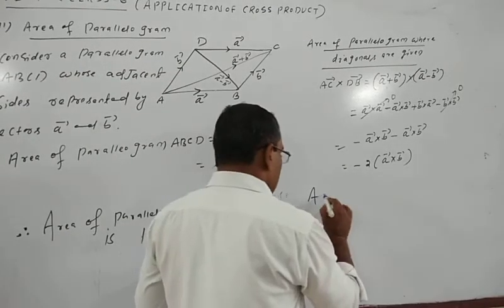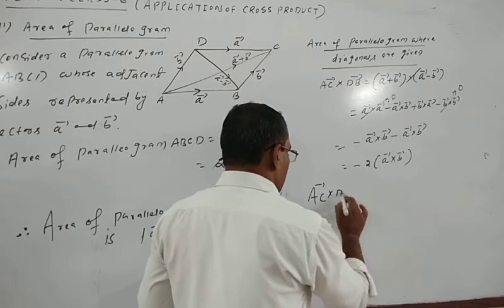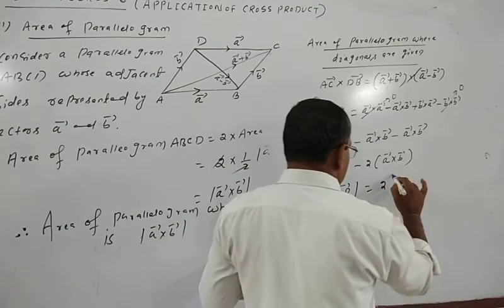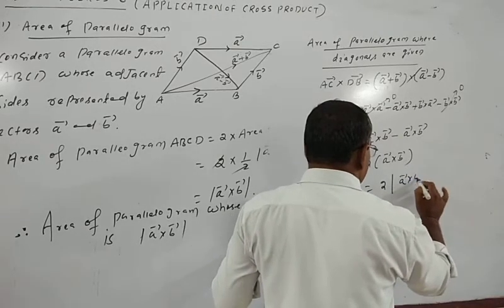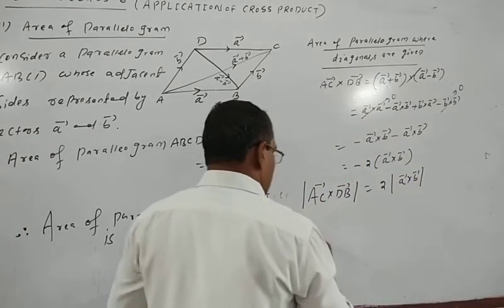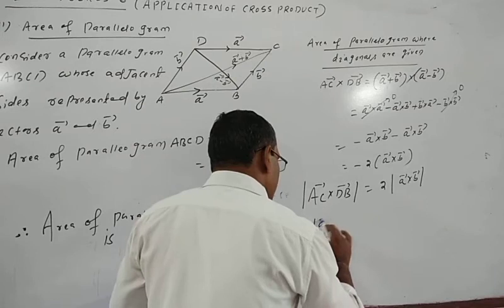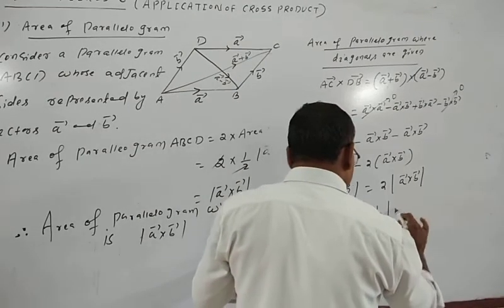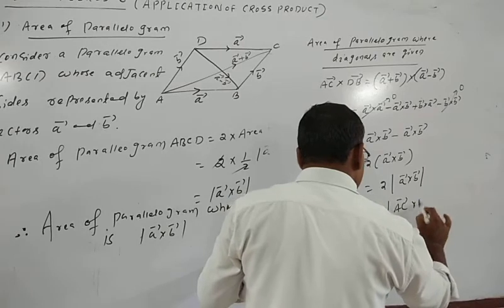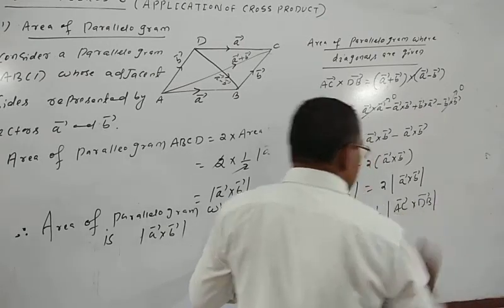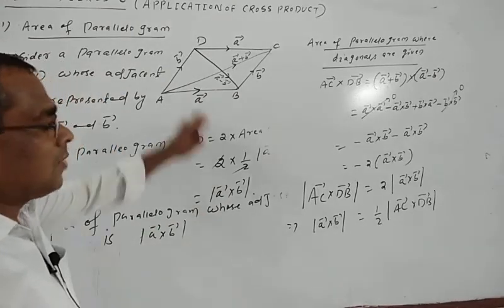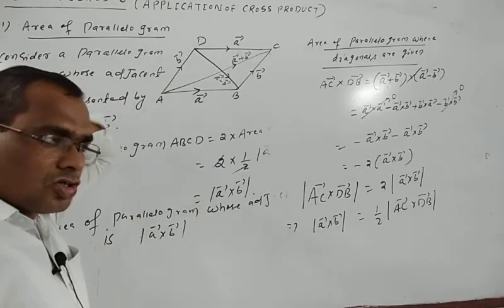But if you take its magnitude, the magnitude of AC vector cross DB vector is equal to 2 into the magnitude of a cross b. That implies the magnitude of a cross b is equal to 1 by 2 into AC vector cross DB vector. So what is AC vector? AC vector is a diagonal of a parallelogram, and DB vector is the other diagonal.